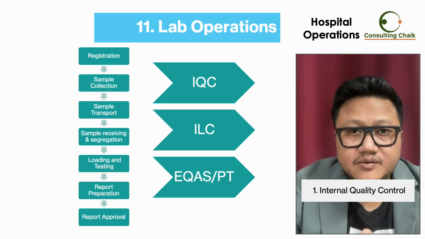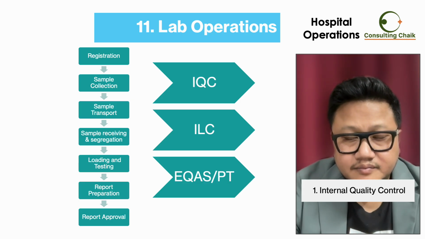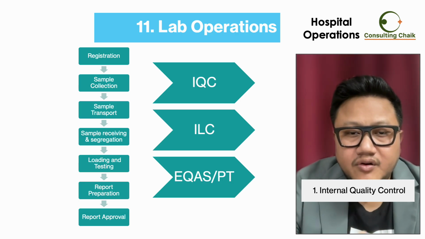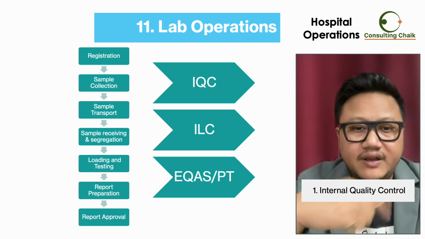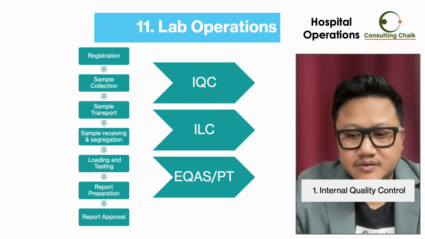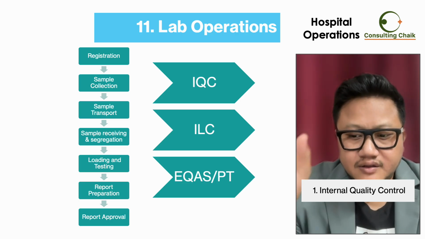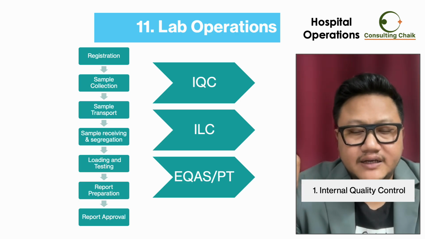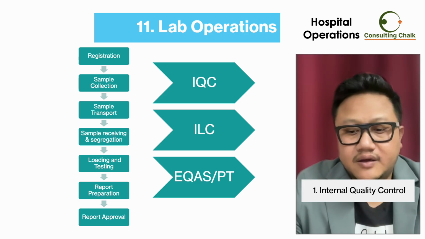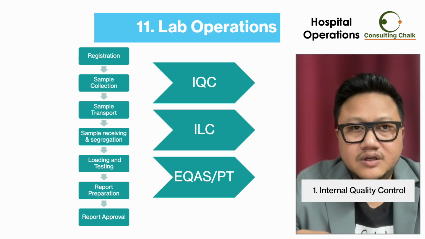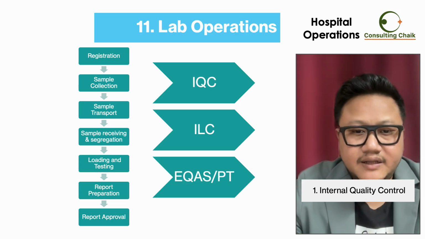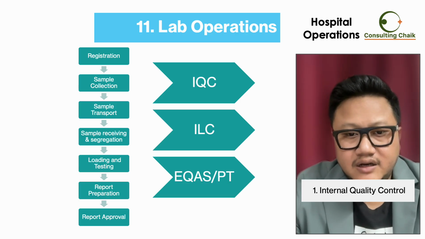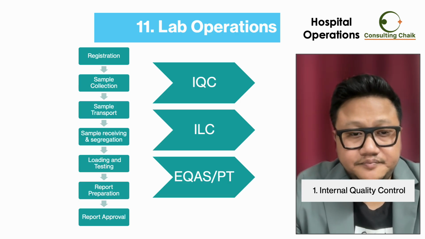NABL suggests that you do at least 2 levels at a time, and if your hospital is running 24 hours, then you have to cover the whole 24 hours. Every 8 hours you have to run controls and verify that your equipment is producing the right result. To verify it, you use the Levey-Jennings chart and the Westgard rules, and that's a different topic. I'll cover that sometime later on.